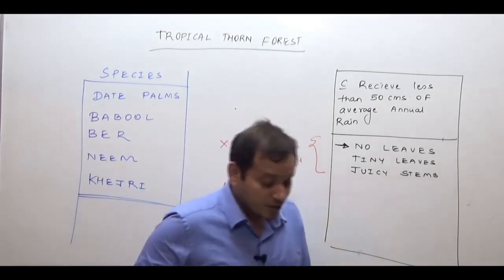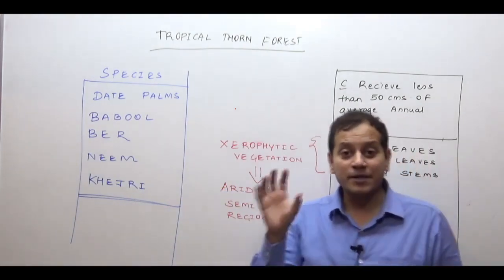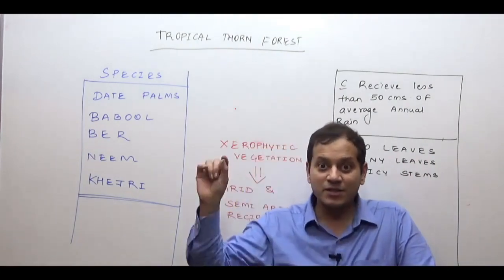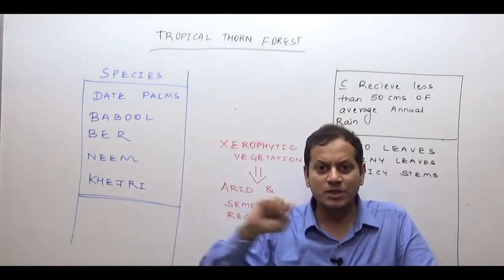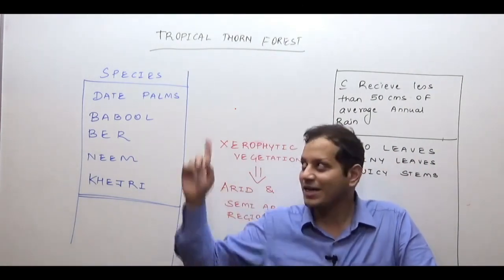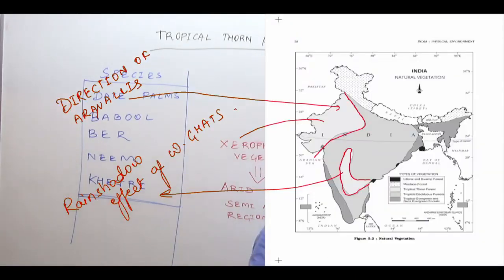If they ask you an applied question in the examination, where are date trees found? In the Himalayan state of Himachal Pradesh or Northeast India, second option. Third option is Rajasthan. Fourth option is Orissa. What is your answer? In the tropical thorn forest. Where is the tropical thorn forest found? You can see on the map in these regions.